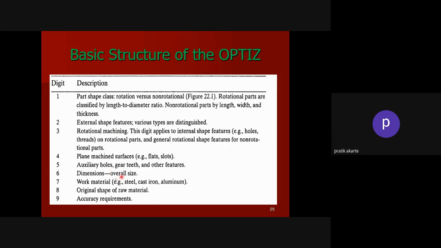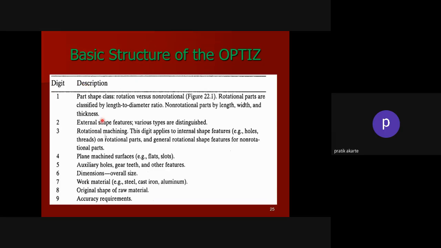Then dimensions, overall size, is for number 6. Work material, whether it is steel, cast iron, aluminum, or whatever it may be, you have to use digit number 7. The original shape of raw material goes to digit 8, and the accuracy requirement goes to digit 9.